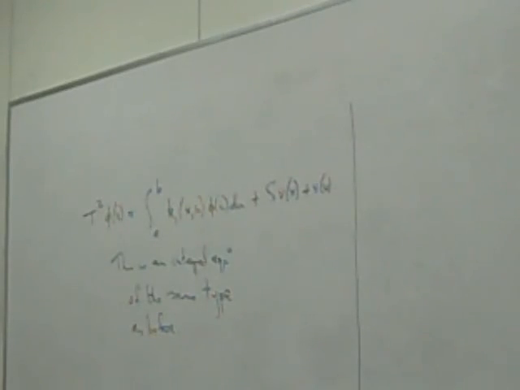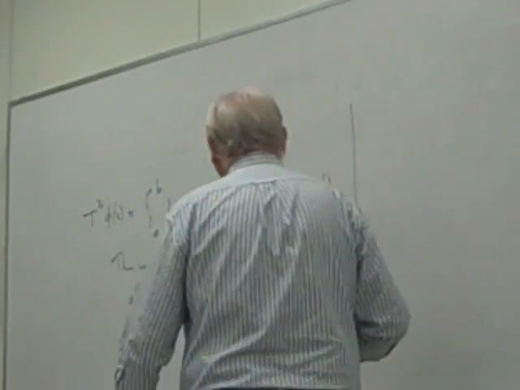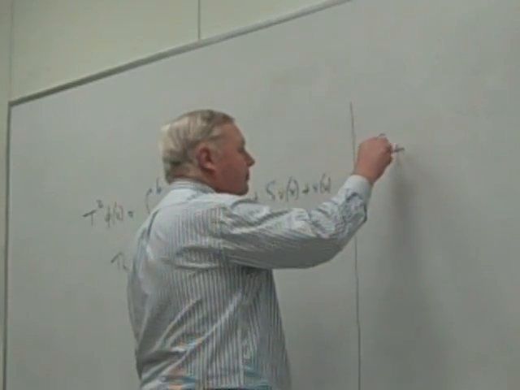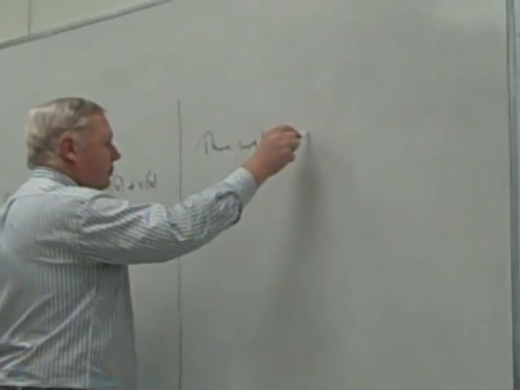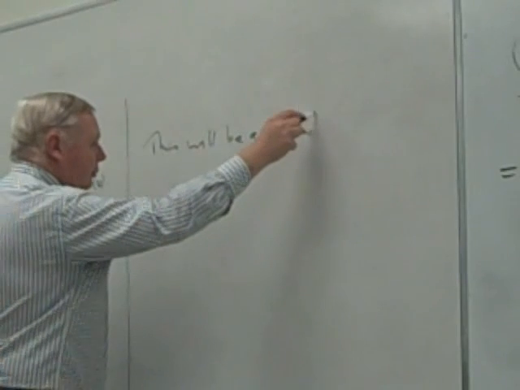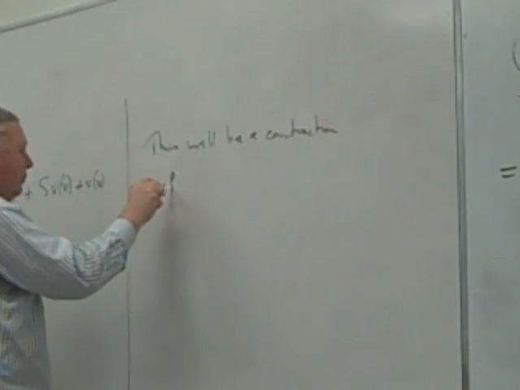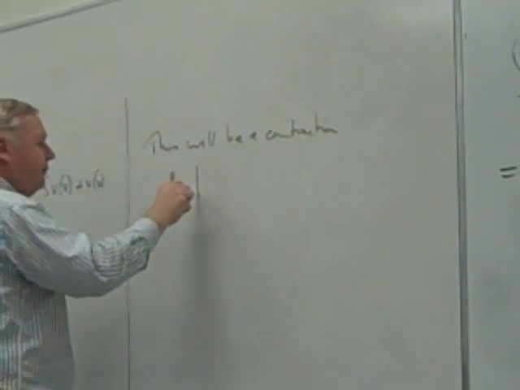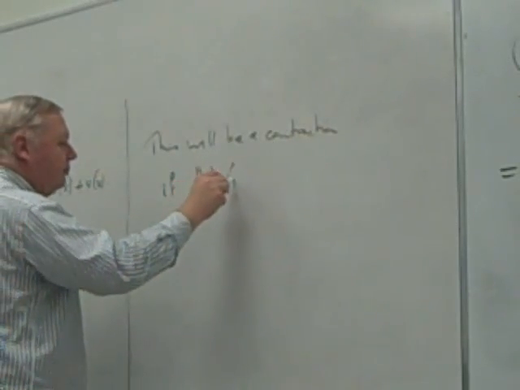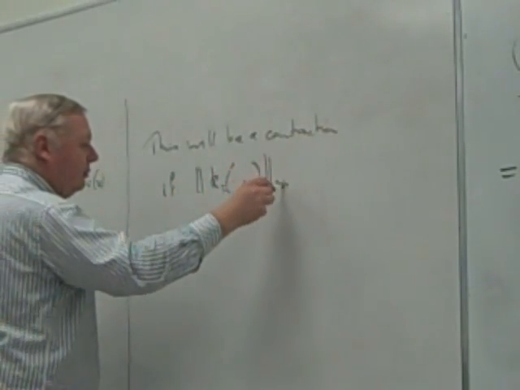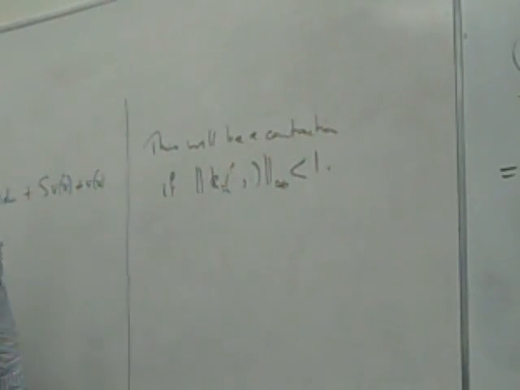So here, this will be a contraction if the infinity norm of k1 is less than 1. So if the first one isn't, then maybe this one is. And you can do it again, and maybe T cubed is.